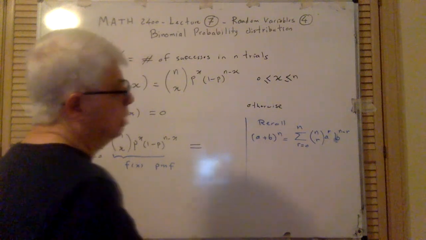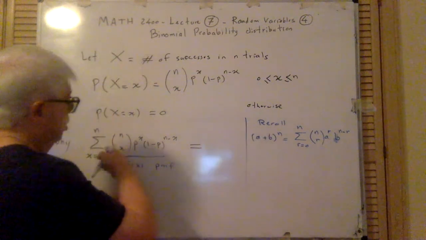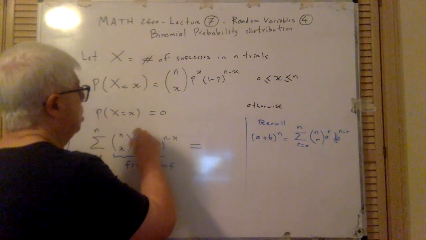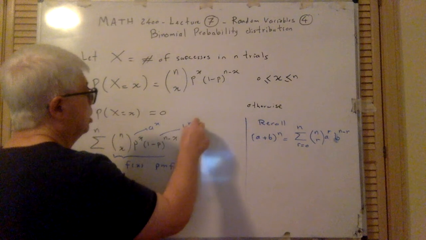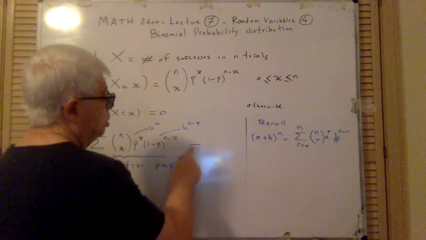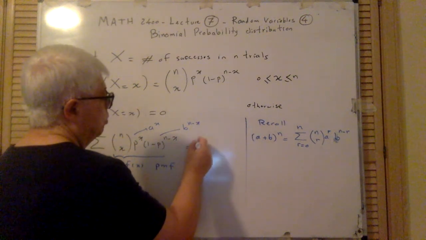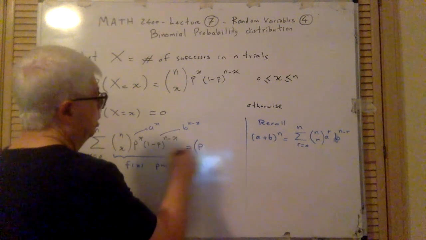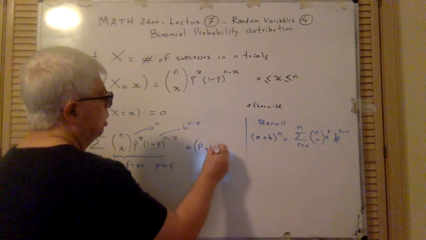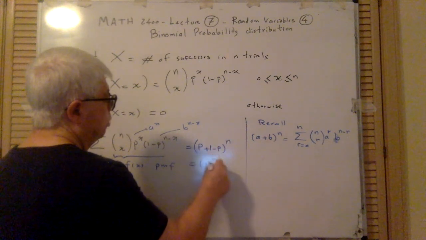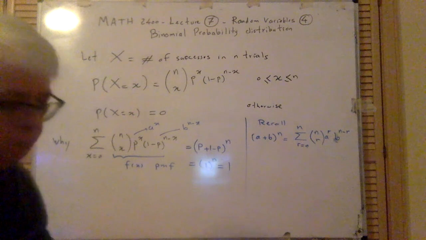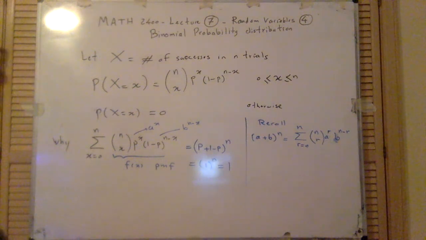Let's compare. This is like a to power x, and this is like b to power n minus x. So here a is p and b is 1 minus p, and a plus b is 1. So that is 1 to power n, which is 1. Okay? So in fact that adds up to 1.